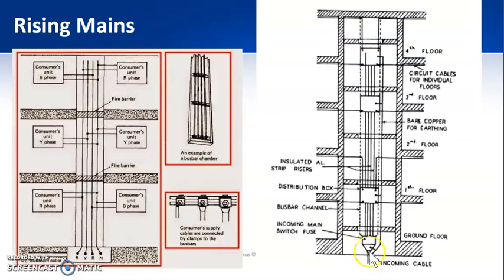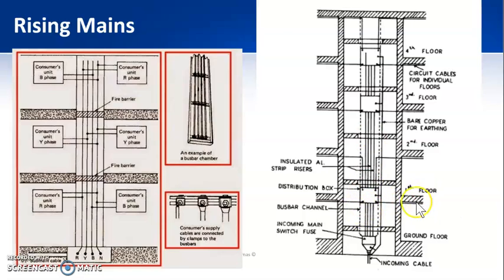So you'll have an incoming cable which has R, Y, B and neutral. A cable trench will be there, moving in a vertical direction like this. So you'll have R, Y, B and neutral, and you'll be taking the supply for each floor from the rising mains or the risers.